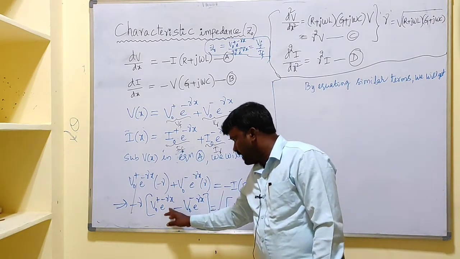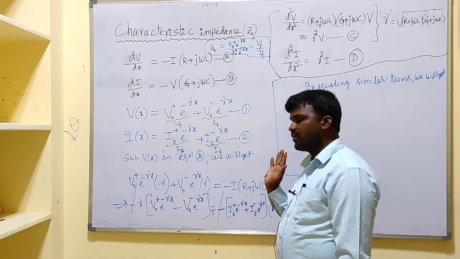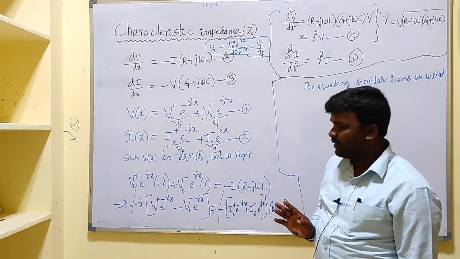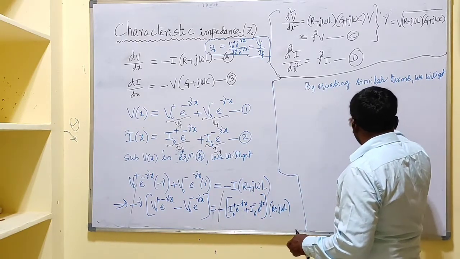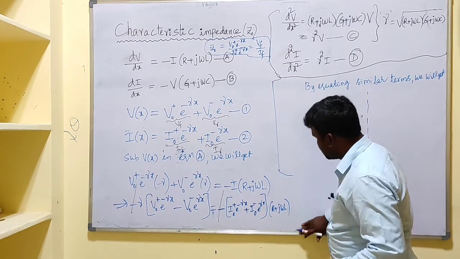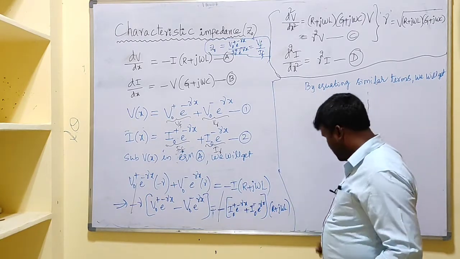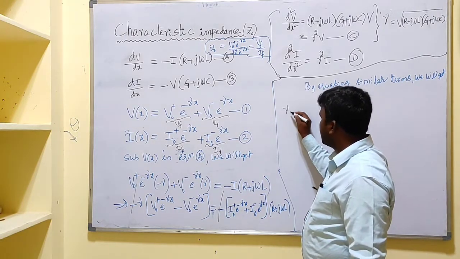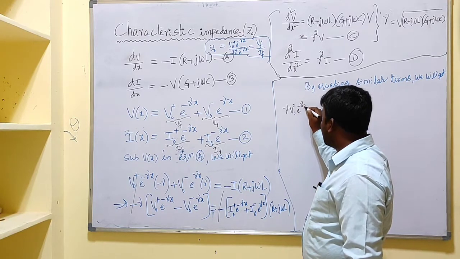On the left hand side the first term is e to the power minus gamma x, and here the first term is also e to the power minus gamma x. The second term is e to the power gamma x, and here also e to the power gamma x. So the similar terms are nothing but the e to the power gamma x and e to the power minus gamma x terms. First go for the e to the power minus gamma x term. That is gamma into V naught plus e to the power minus gamma x.